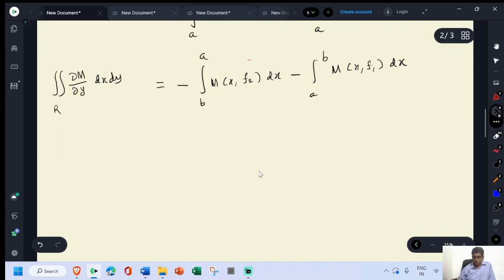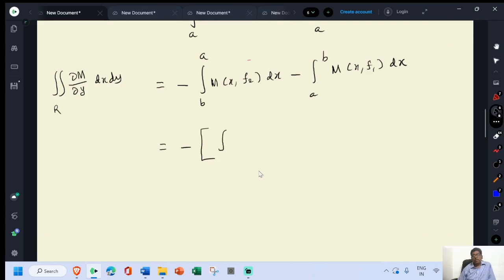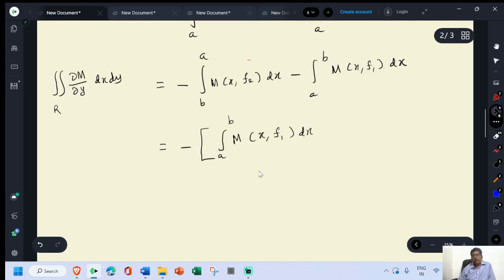Then this is modified as, taking the minus sign as a common term, minus of the integral from a to b of M(x, f1) dx, plus, since we have already taken out the negative sign, the integral from b to a of M(x, f2) dx.